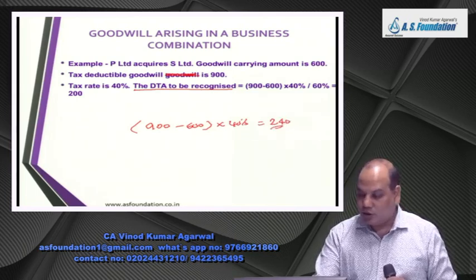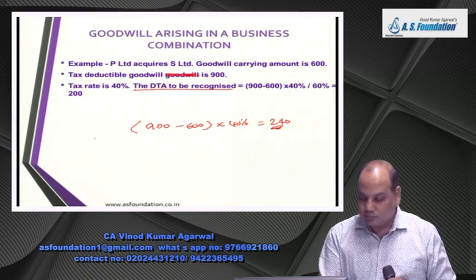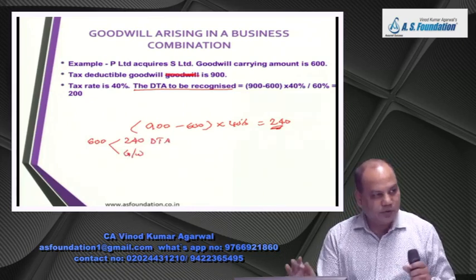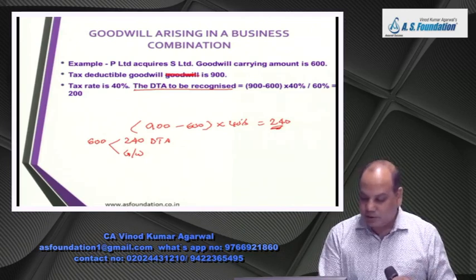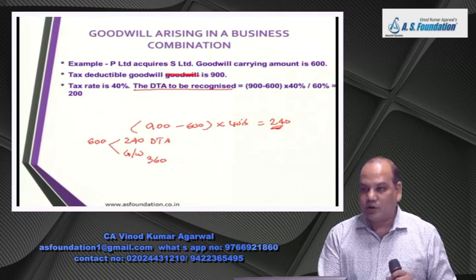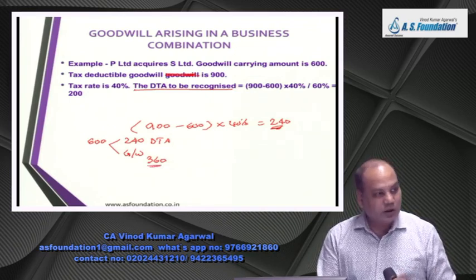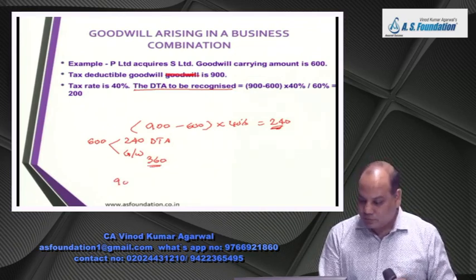But the moment you recognize 240, there is a problem. The 600 will get bifurcated between DTA and goodwill, because the difference is 600 only on the debit side. So now the goodwill will get an apportionment of 360. If goodwill gets an apportionment of 360, my answer is mismatching.